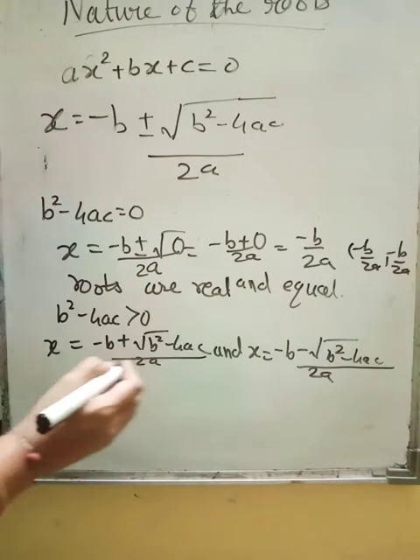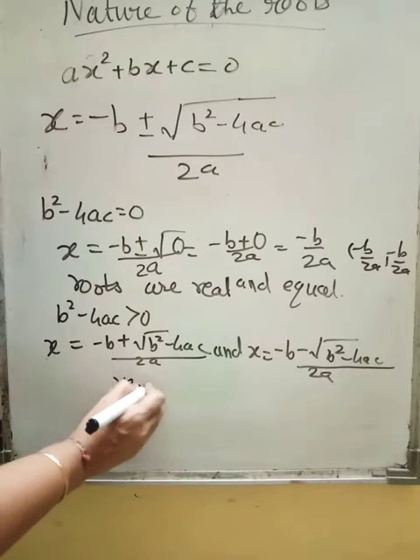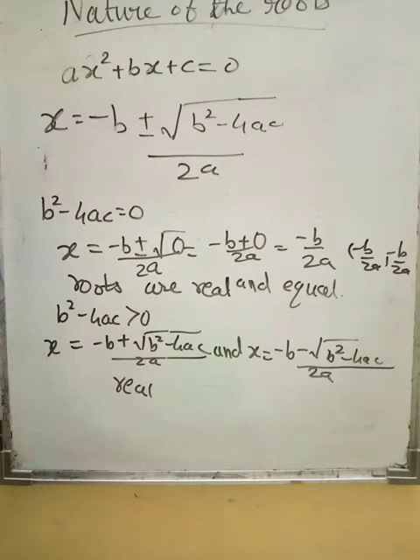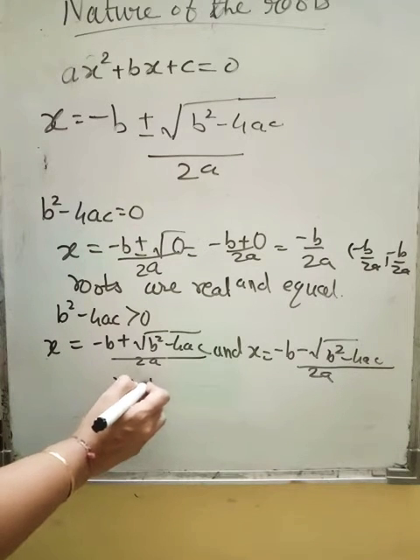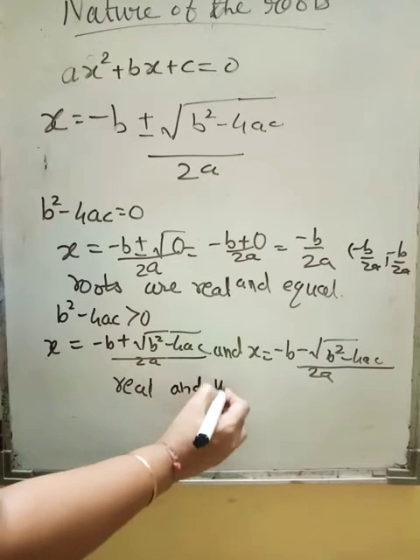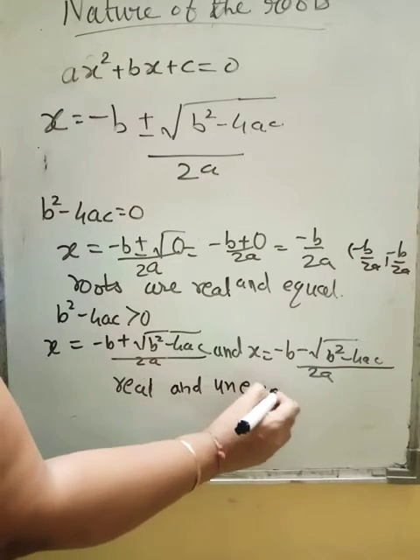So children, here the roots will be real. You may get some surds, some number under the square root could be a surd. Okay, but you will get real roots and they are two different, so they will be unequal.